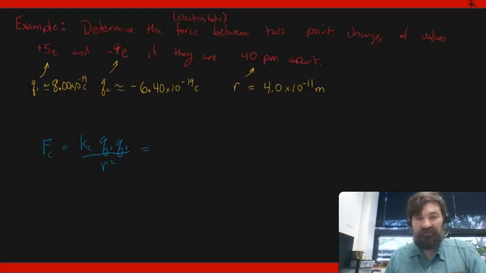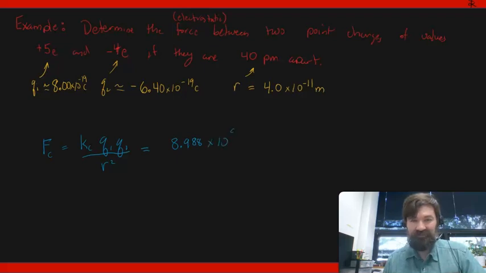So we can now plug those into this equation. K sub C, again, 8.988. By the way, when I'm using three significant digits, it's easier to remember 8.99 times 10 to the 9. So very often in my examples, I'll take it to 3 digits and just round this to another 9. So that's newton meters squared per coulomb squared.